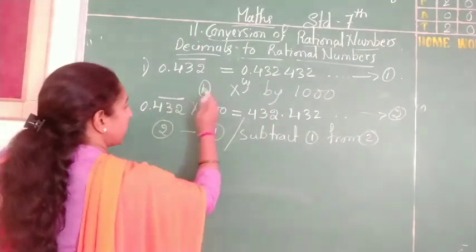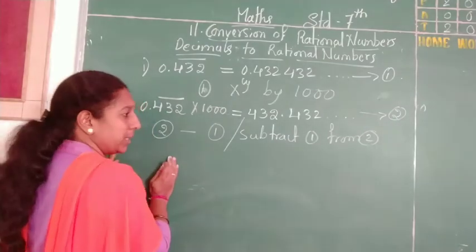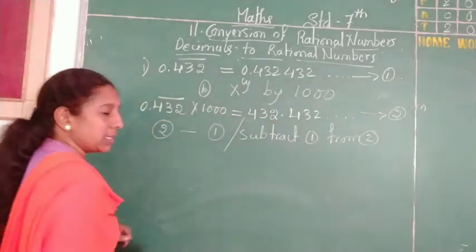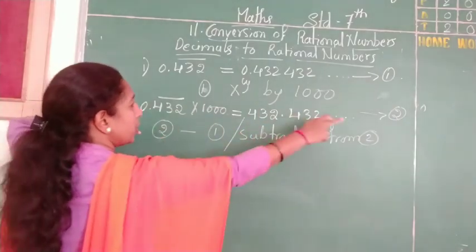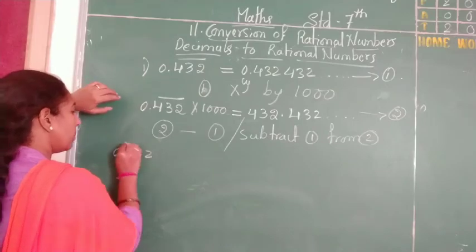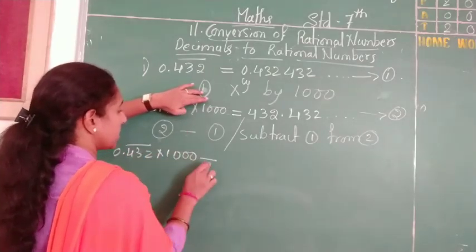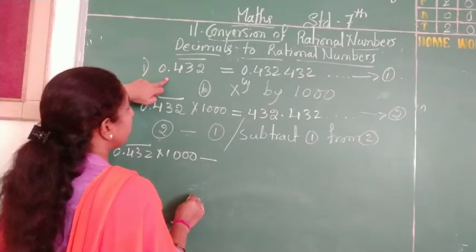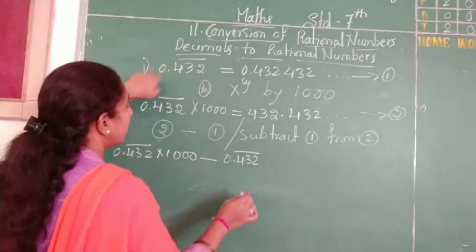Equation 2: first I will write the left-hand side, the LHS part, and then the RHS part. So the LHS is 0.432 bar into 1000 minus 0.432 bar. LHS is over.